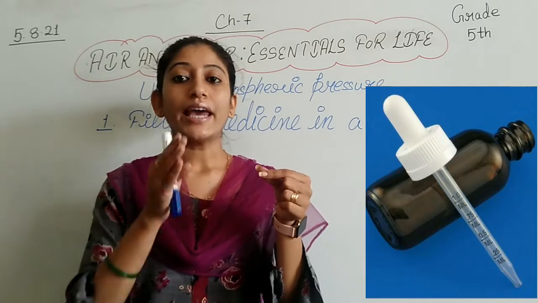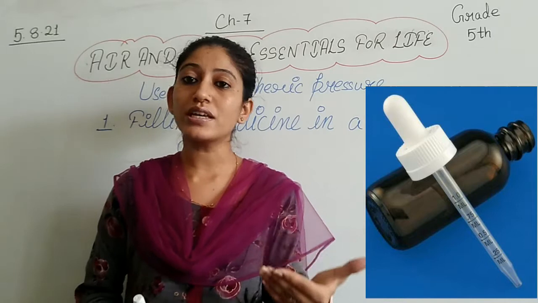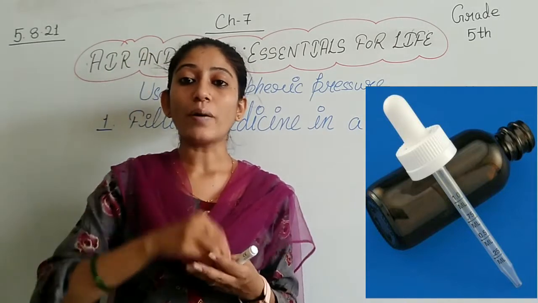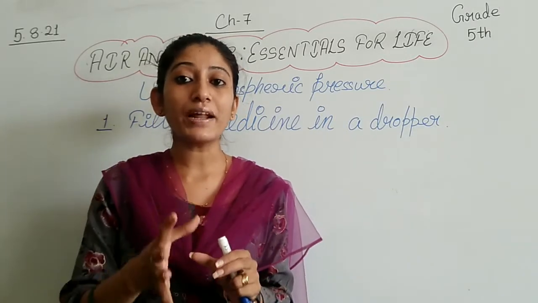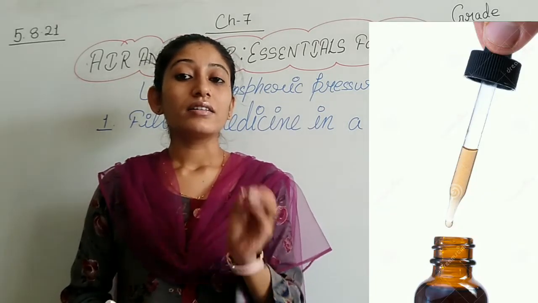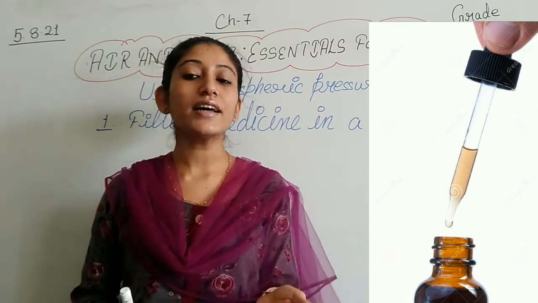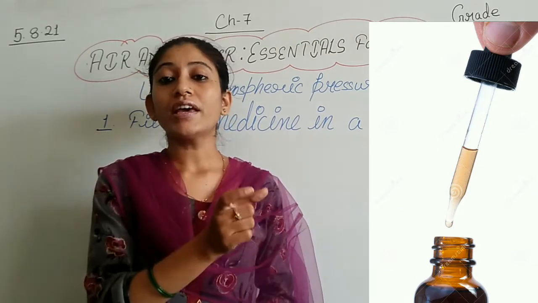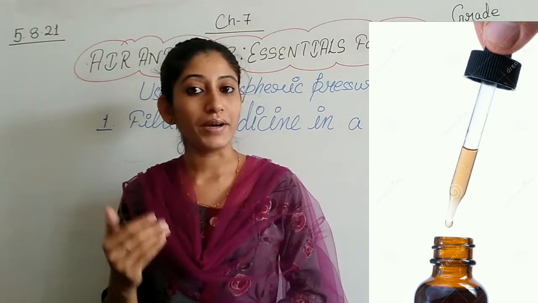So when we put that dropper inside the medicine, because the air pressure there is more, that atmospheric pressure pushes the medicine up into the dropper, and in this way we are able to fill medicine in a dropper.